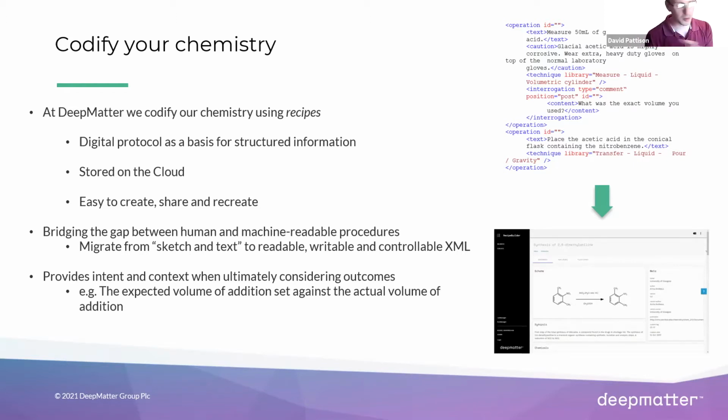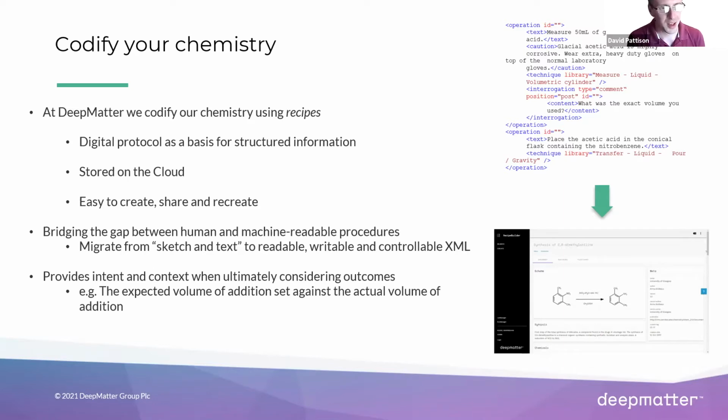Now, I'm not going to sit and bore you with looking at XML schemas, because you know I get excited about the possibility of an XML schema, but I don't want to go and read it. The real message here is we're moving away from that sketch and text style of notepads, and we want to move into the digital era, right?